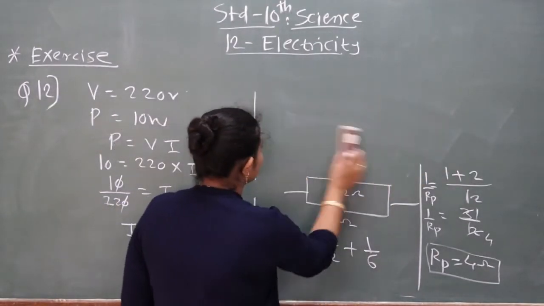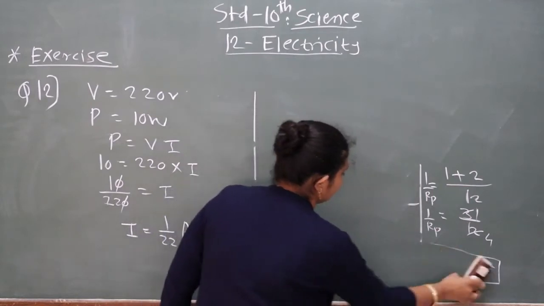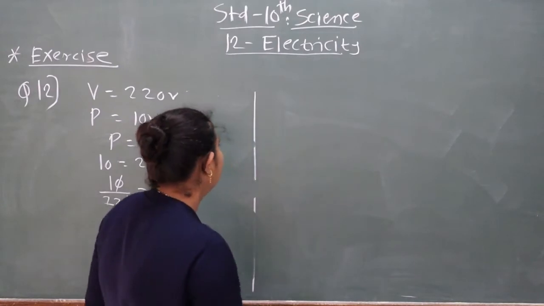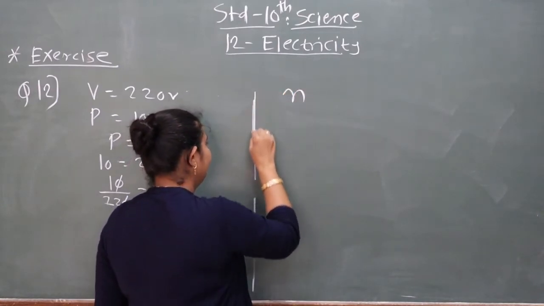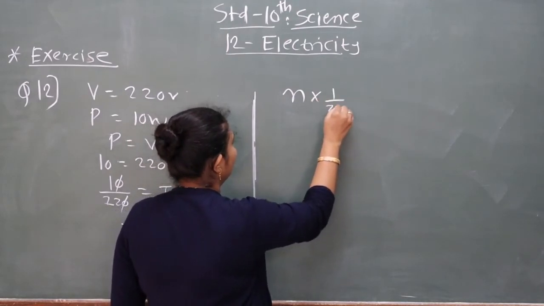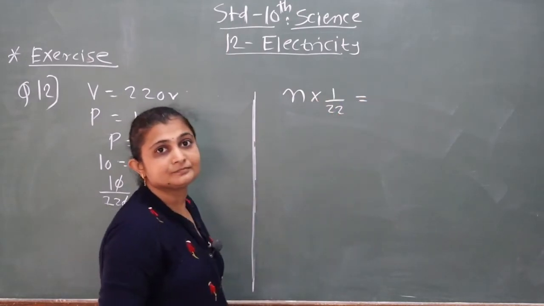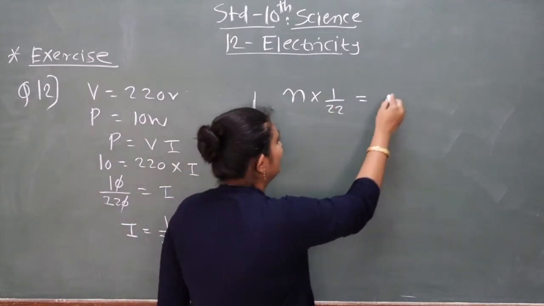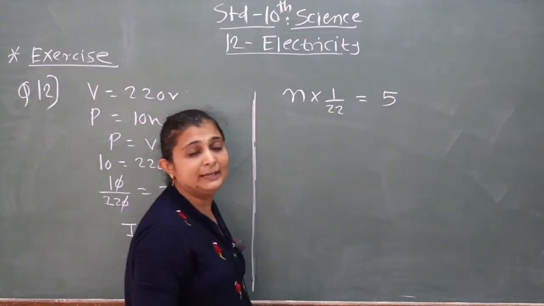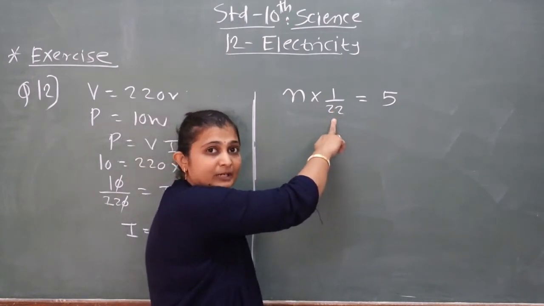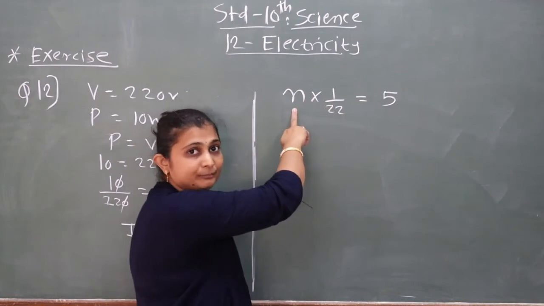So if we connect n number of bulbs in parallel, n multiplied by 1 upon 22, and what is the total current of all the bulbs? We know that it is 5 ampere. This is the current flowing through one bulb, and we have to find the number of bulbs.